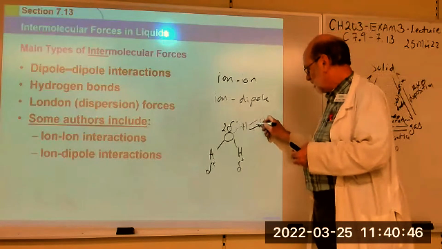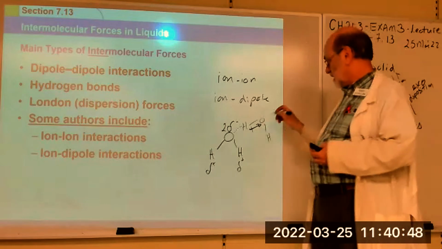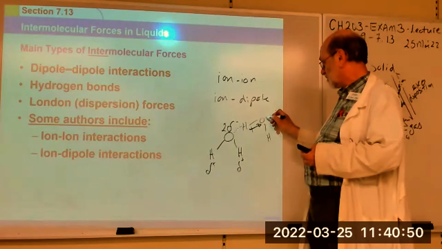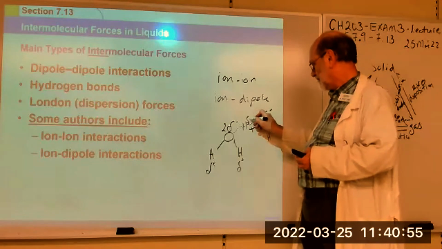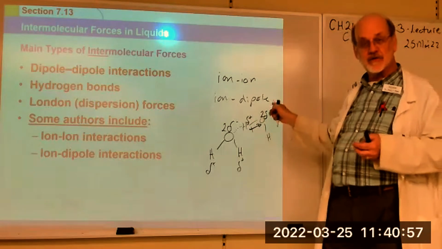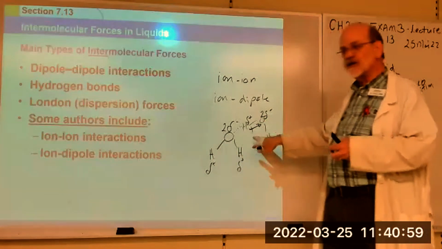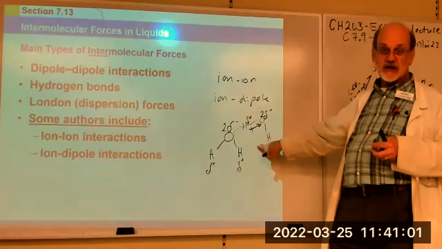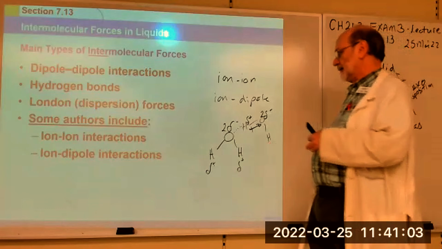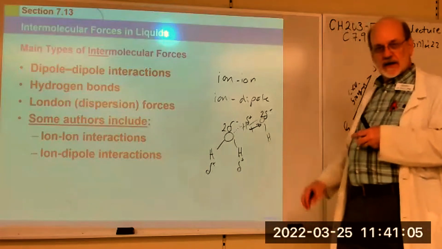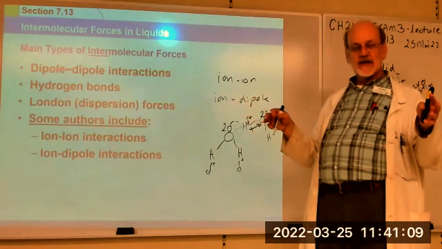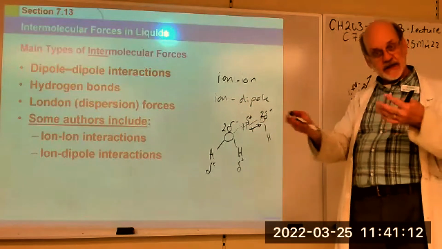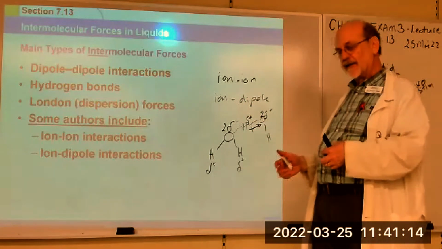So it has a dipole in this direction. Right? And it has hydrogen. These are particularly strong dipole-dipole interactions. The strongest of the dipoles. You can have a range of dipole strengths, and that will dictate the strength of the intermolecular forces. Right?